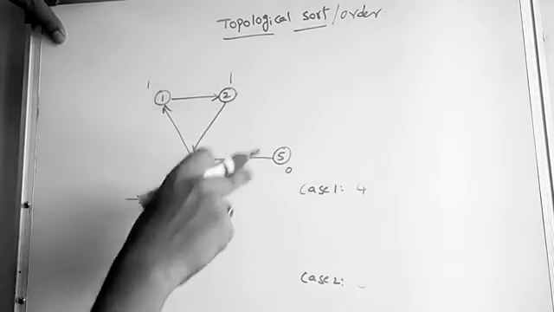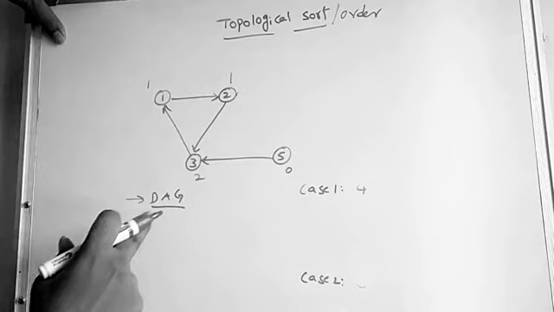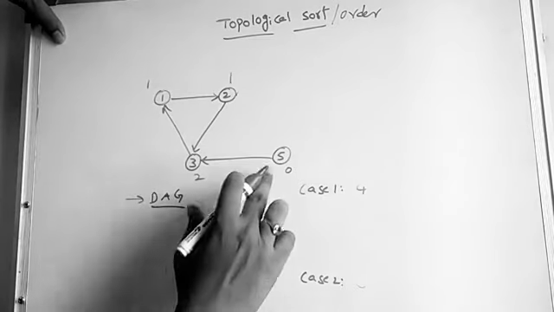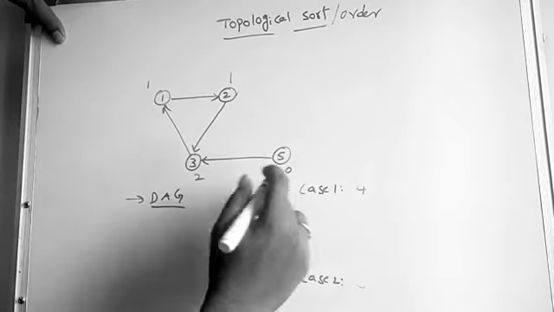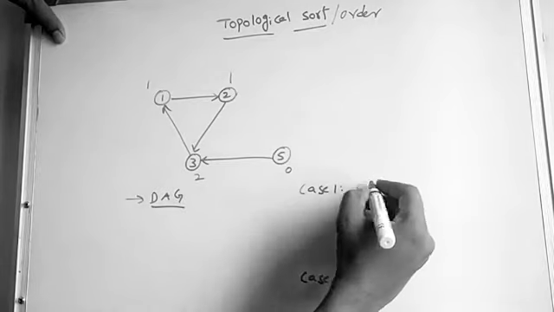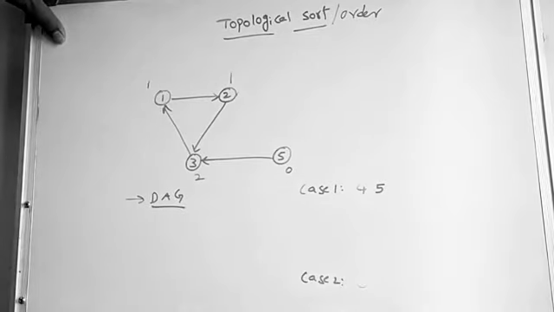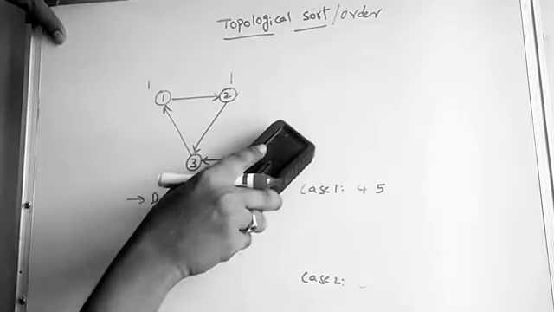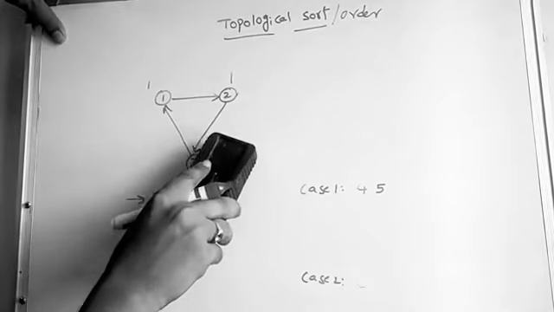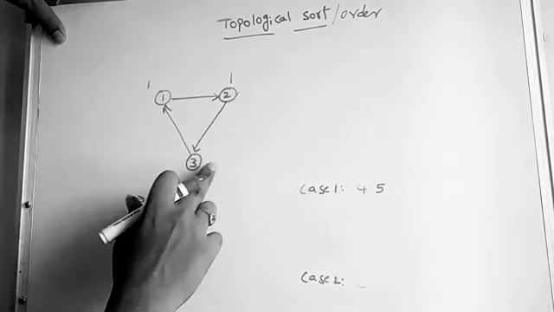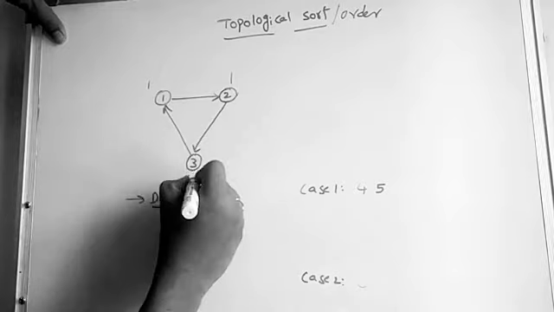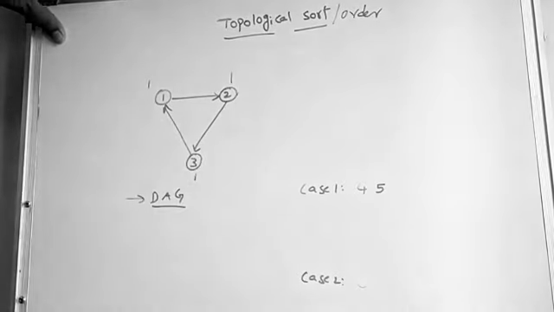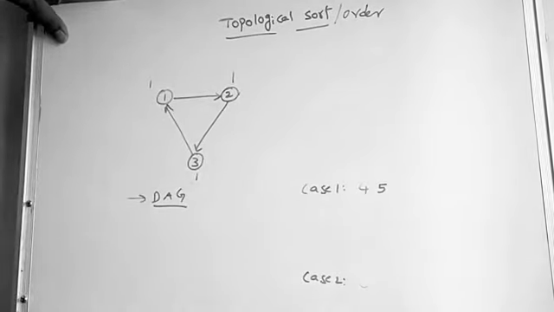The remaining in-degrees are the same. The next vertex with in-degree 0 is 5. So we enter vertex 5, then delete the vertex along with its corresponding edges. Now all the in-degrees are 1, so there is no vertex with in-degree 0.